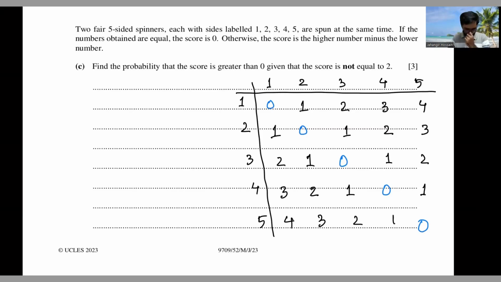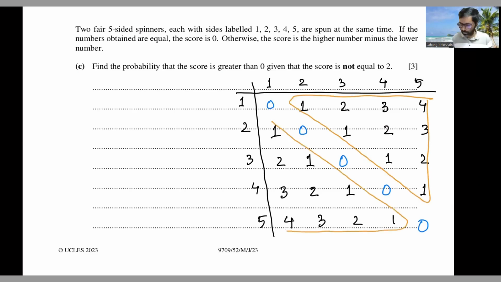Now, let's say event A is the score greater than 0. The outcomes where the score is greater than 0 are here. How many outcomes do we have?